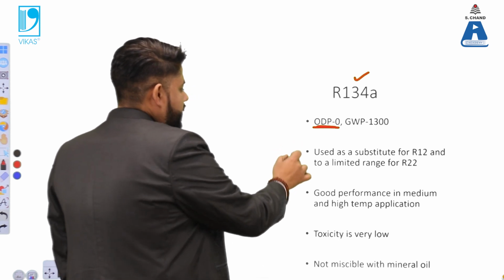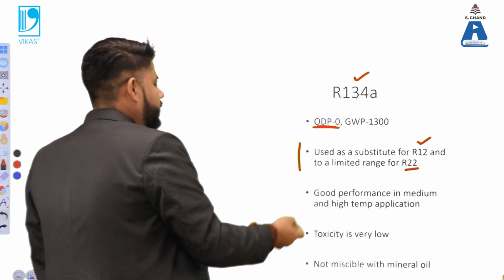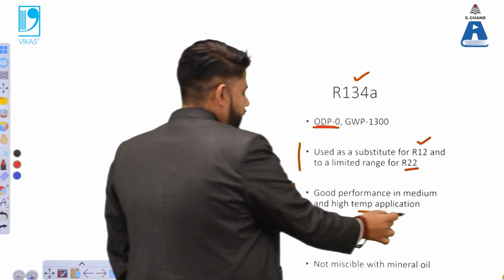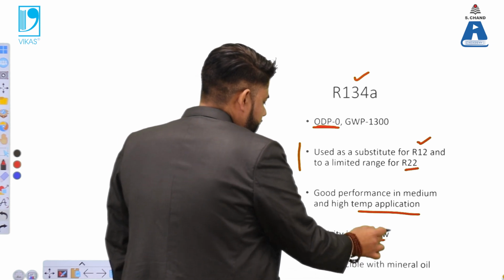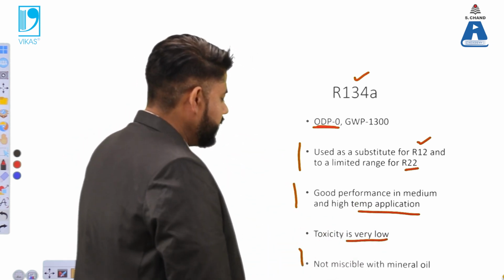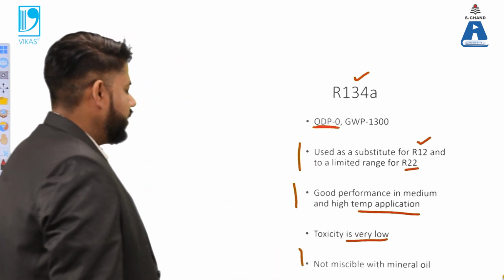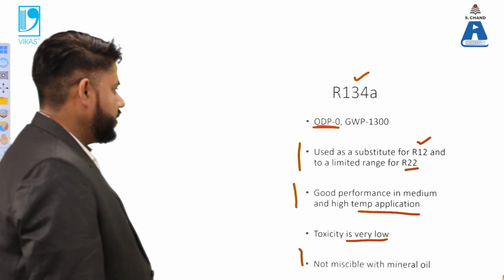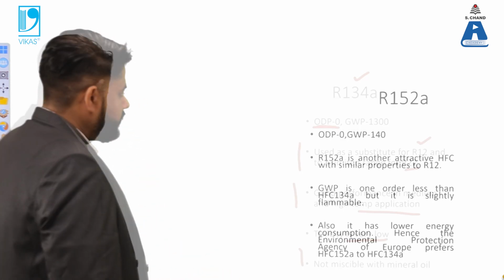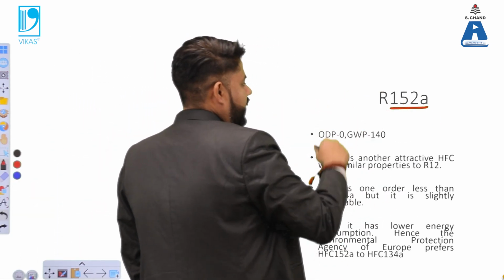It is basically a substitute to R12 and R22 to a limited range, and it has good performance in medium and high temperature applications. Toxicity is very low, and it is non-miscible with the mineral oils. So it is not mixed with the mineral oil, which is the major property required in lubricants.